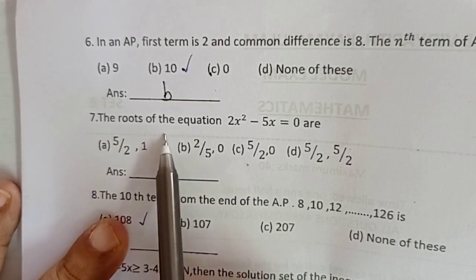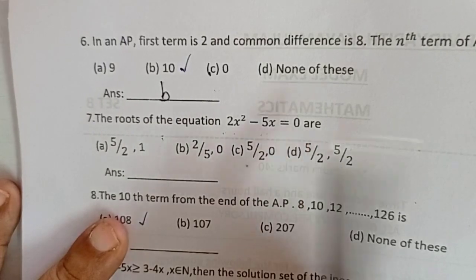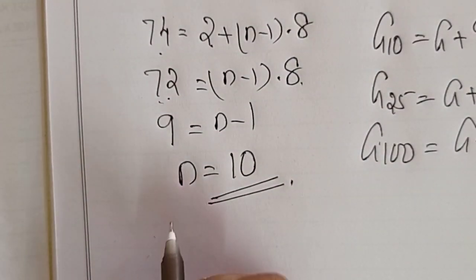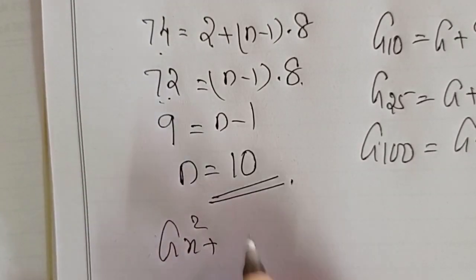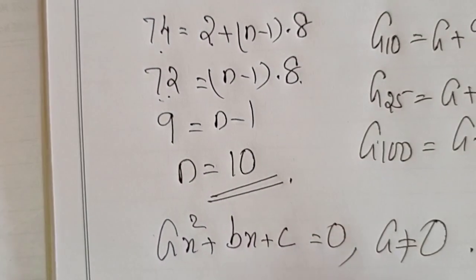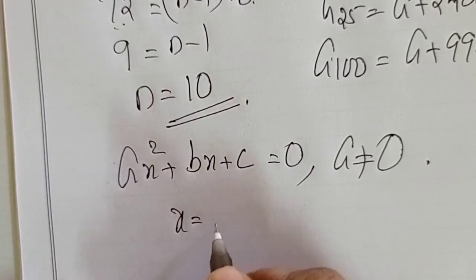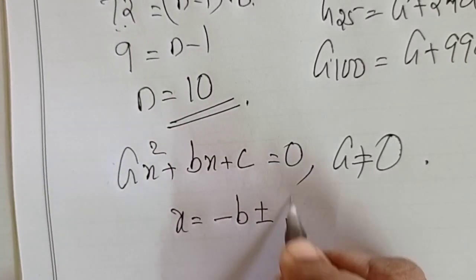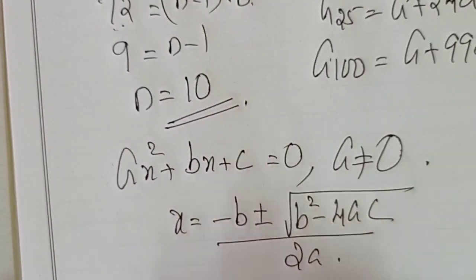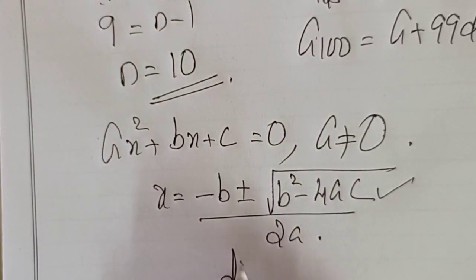Do fast. The roots of the equation 2x square minus 5x equal to 0. That question is from which chapter? Quadratic equation. An equation of the form ax square plus bx plus c equal to 0, a not equal to 0, is a quadratic equation. Two values are there. x equal to minus b plus or minus root of b square minus 4ac, the whole by 2a, and this b square minus 4ac is known as the discriminant.